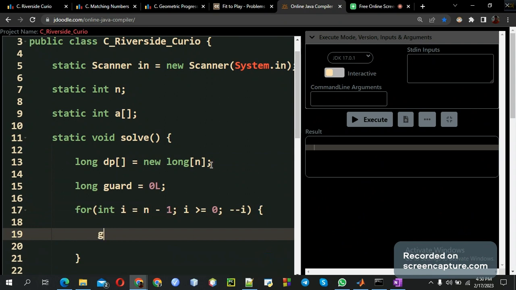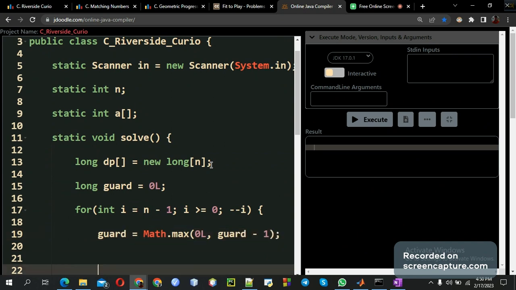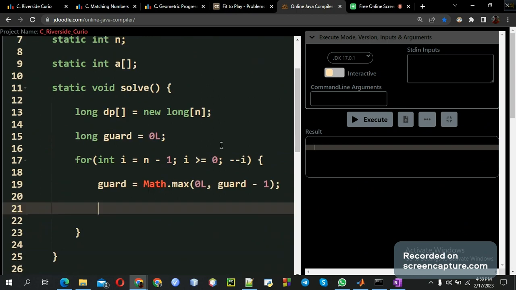And we have to deduct one watermark at each level. Watermark cannot be negative, so we have to take this condition. And what will be the actual result of the guard? Math dot maximum of, can I continue with the number of guards taken at the previous level, or do we have to use one extra guard here?